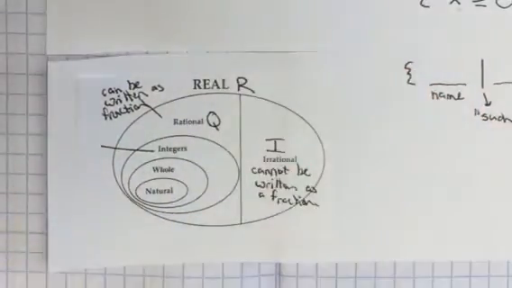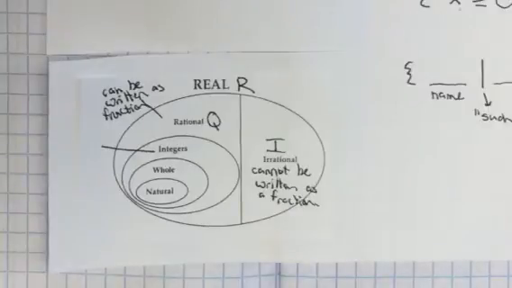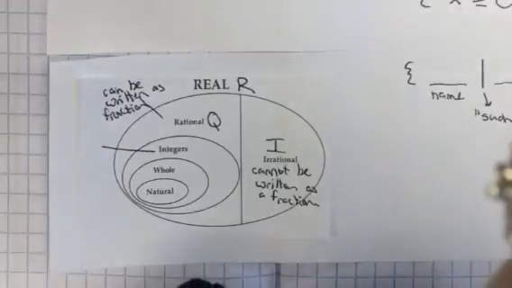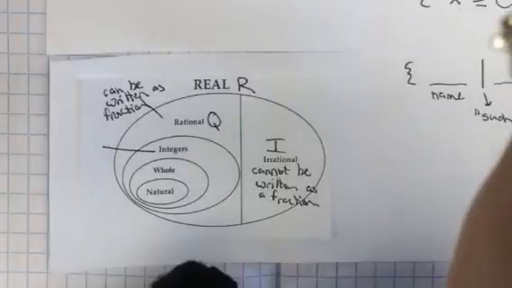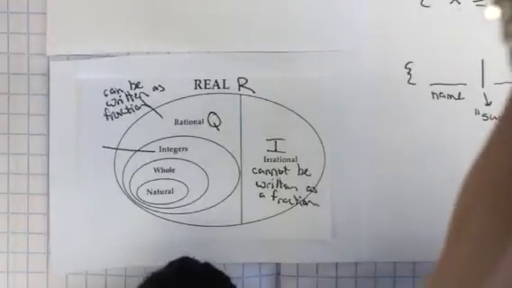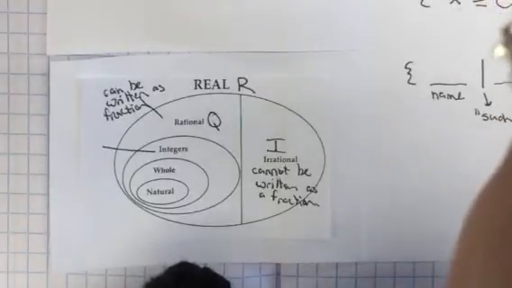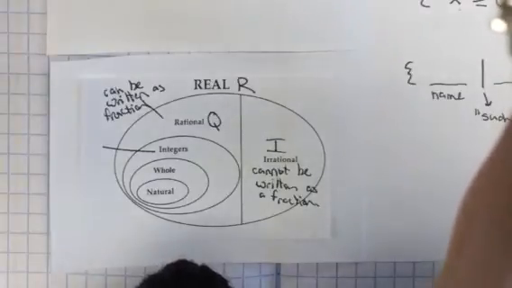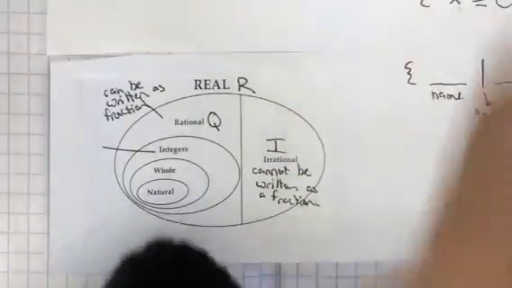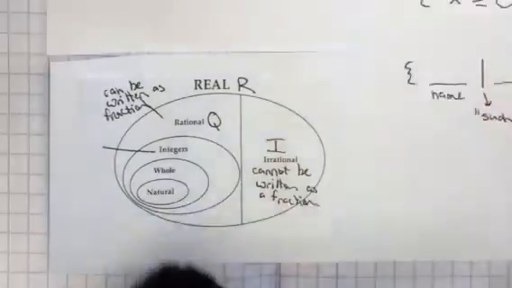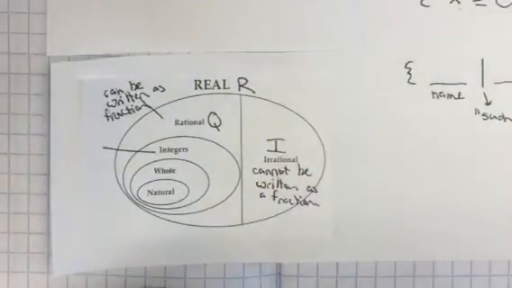Okay, integers. They are a more precise group of rational numbers. You guys have worked with integers before. -2 is an integer. 5 is an integer. 1/2, not an integer. -2/3, not an integer. So what's an integer? Whole number, but it includes 0, and -7 is an integer.